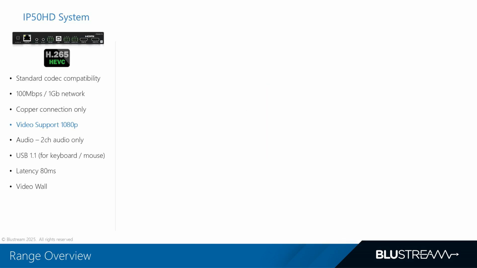Now let's start with the IP50HD Contractor series, our entry-level video over IP solution designed to deliver reliable, high-quality AV performance at an extremely cost-efficient price point. Built on a highly efficient H.265 compression platform, the IP50HD enables the distribution of 1080p video with 2-channel audio across any standard managed network.